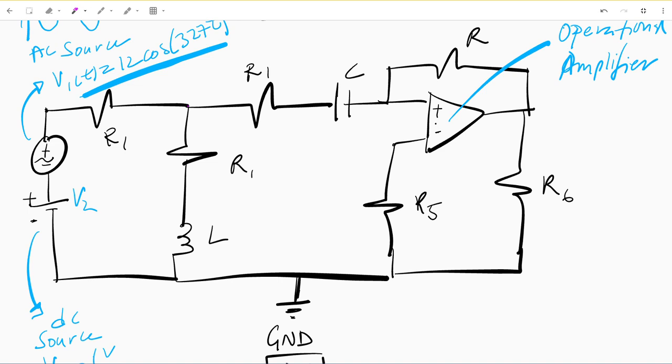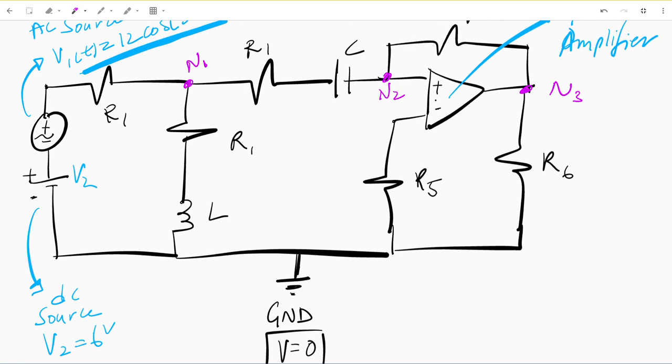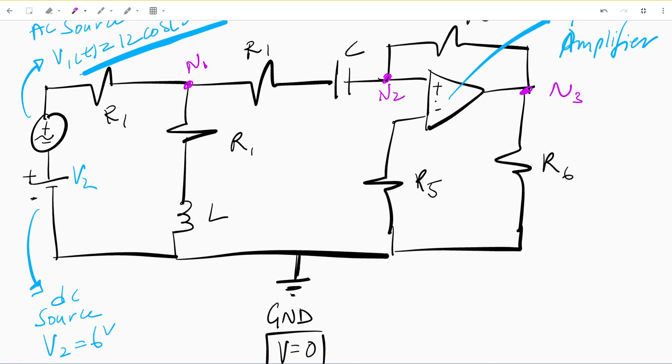Beginning with the extraordinary nodes, N1 is right here, N2 is here, N3 is right here, and that will be all.